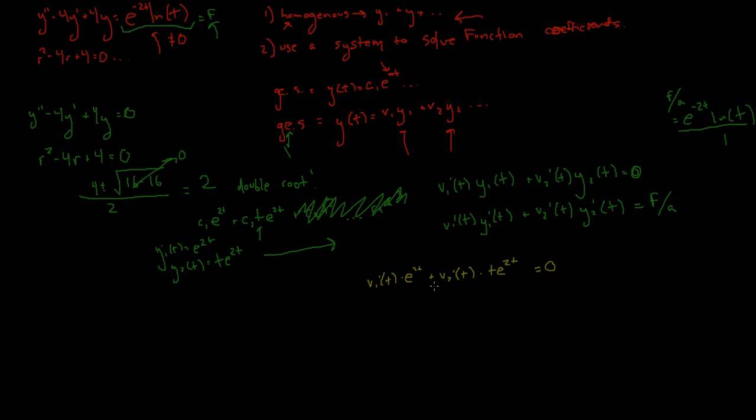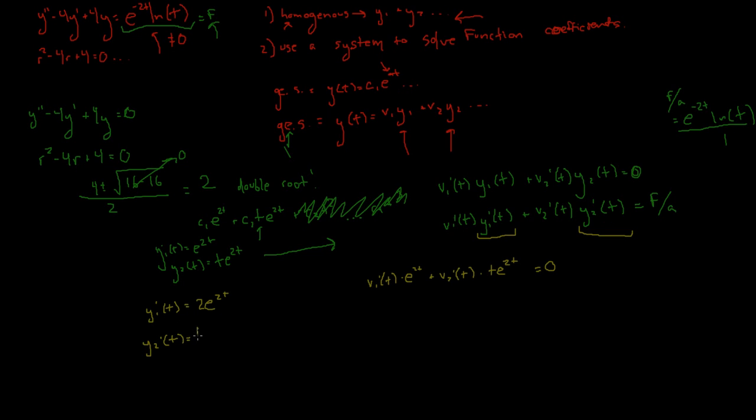And for our second equation, we need the derivatives of these two parts. So let's take these derivatives. y1 of t equals e to the 2t, and that derivative is going to be 2e to the 2t. For the second one, t times e to the 2t, we need to do the product rule.